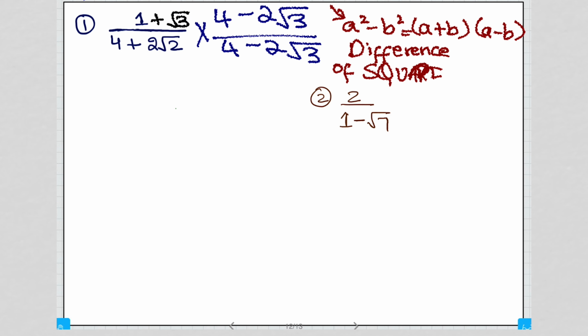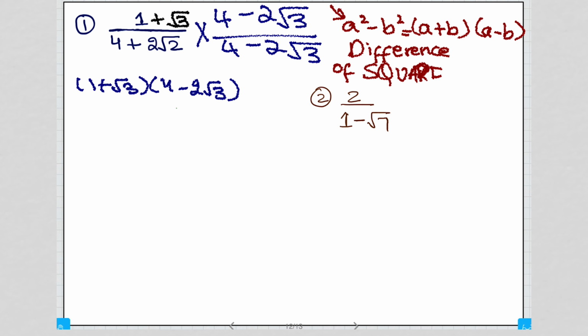The next step would be we multiply numerator with the numerator. Just write down 1 plus root 3 and 4 minus 2 root 3.